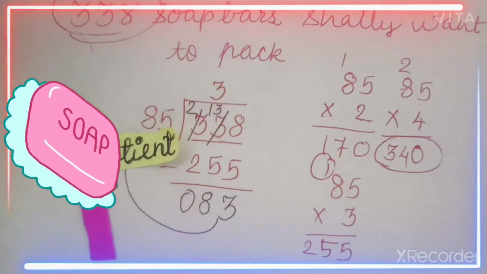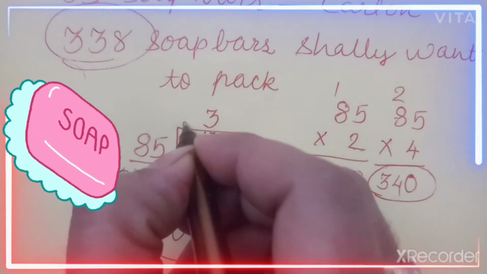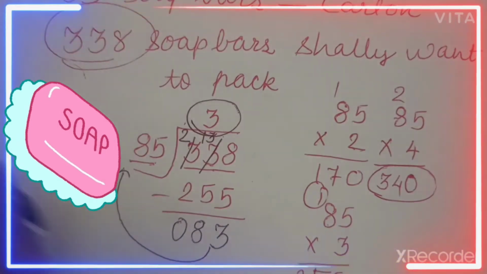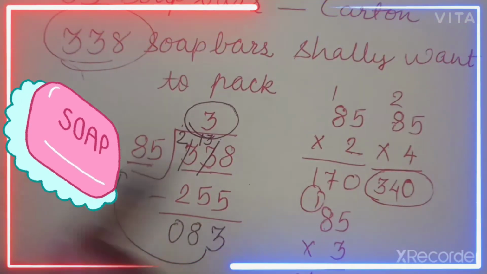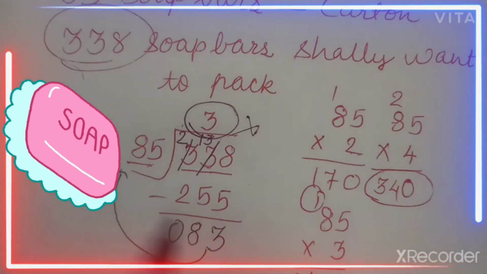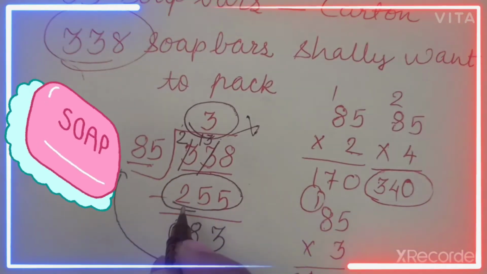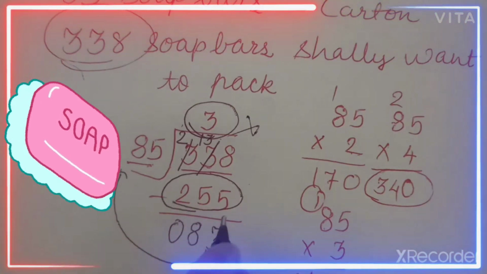So how many cartons will be needed? 3 cartons will be needed. 3 cartons will be used to pack 338? No. Why? Because 3 cartons can pack only 255 soap bars.